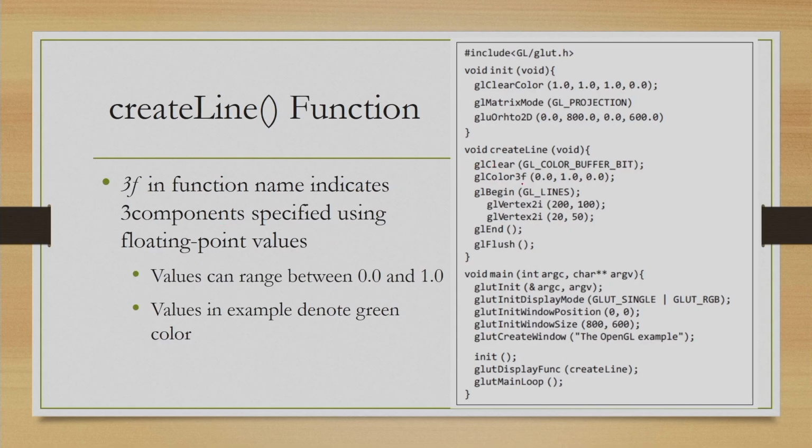In the second function, this 3f indicates that the three components are specified using floating point values. In other words, the values can range between 0.0 and 1.0. So, in this particular case, these three values denote green color.